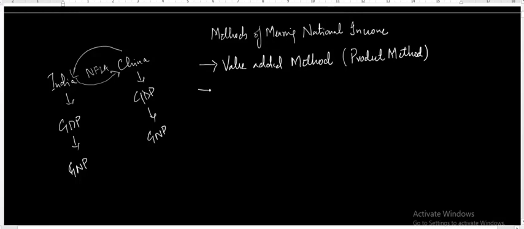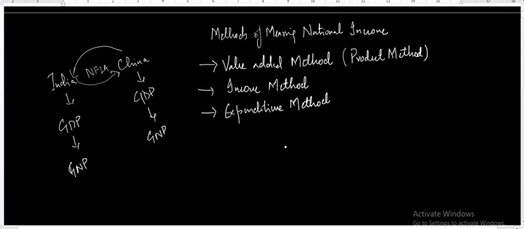The second one is the income method. And the third one is the expenditure method. Now we'll be talking about these methods. The first one that we'll be talking about is the value added method.